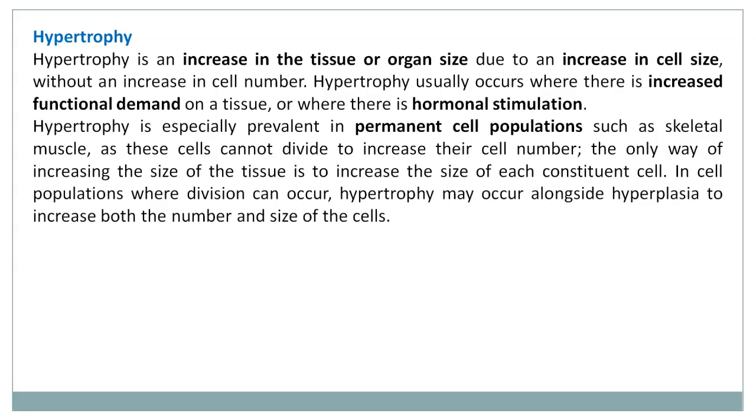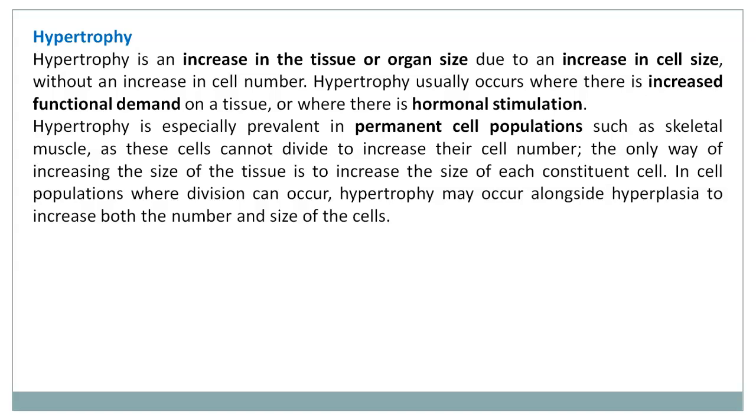Now next is hypertrophy. The name itself indicates that hypertrophy is an increase in the tissue or organ size due to an increase in cell size without an increase in cell number. Hypertrophy usually occurs where there is increased functional demand on a tissue or where there is hormonal stimulation.